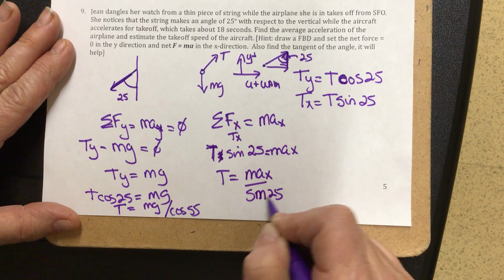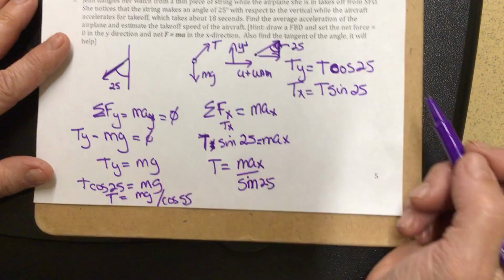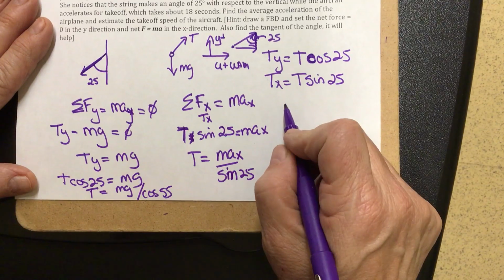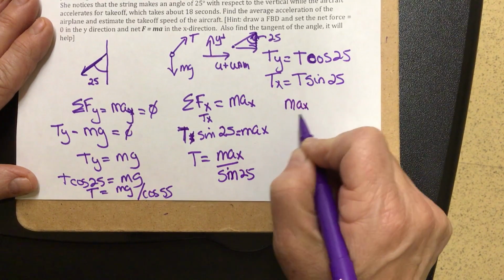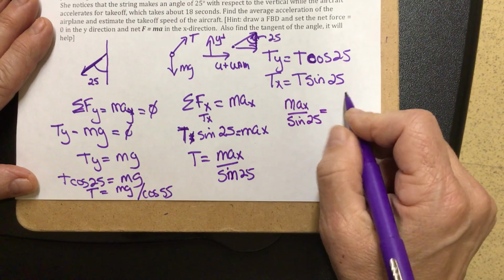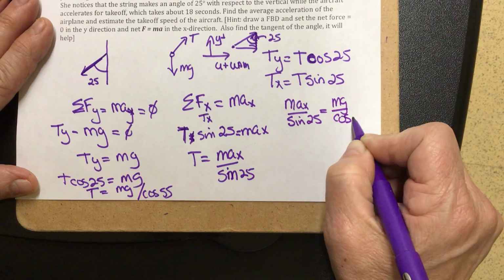Well, that's convenient. We have two formulas that are equal to tension, and we can set them equal to one another, and that gets tension out of the equation. So we get mass times acceleration in the x direction divided by sine 25 is equal to mg over cosine 25.